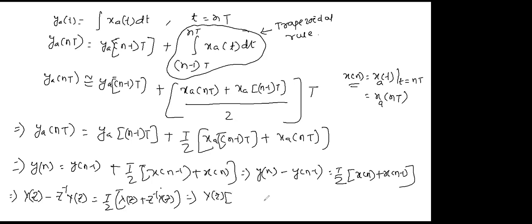Taking Y of Z common, it is 1 minus Z inverse, equals T by 2. Taking X of Z common, it is 1 plus Z inverse.